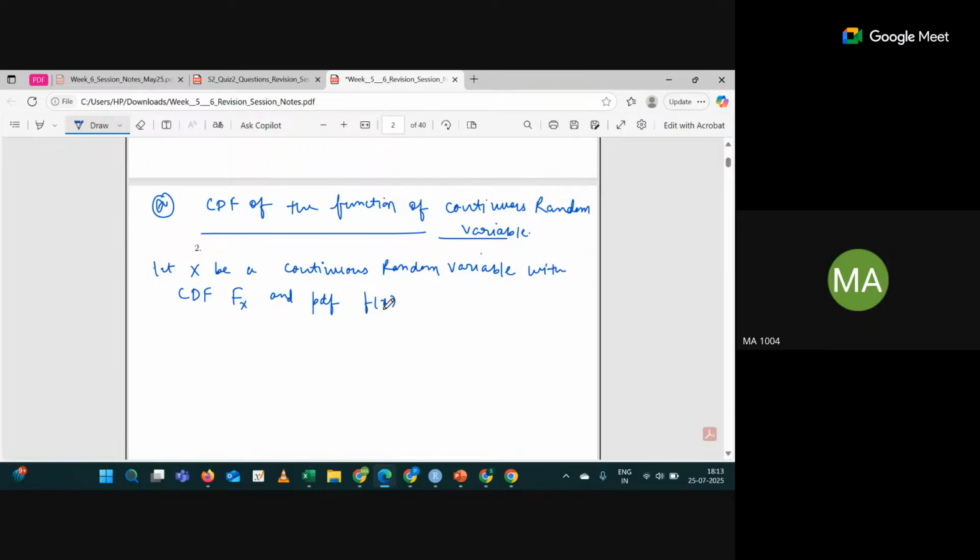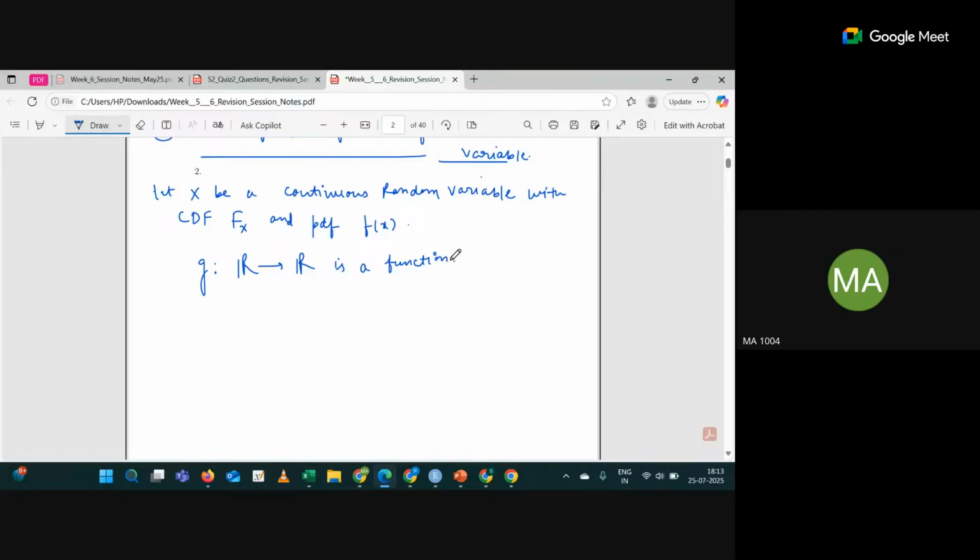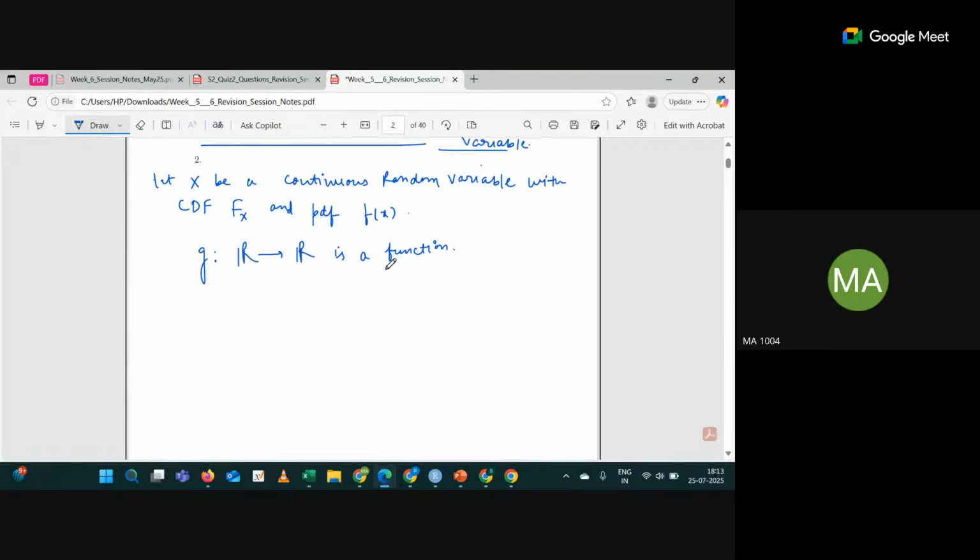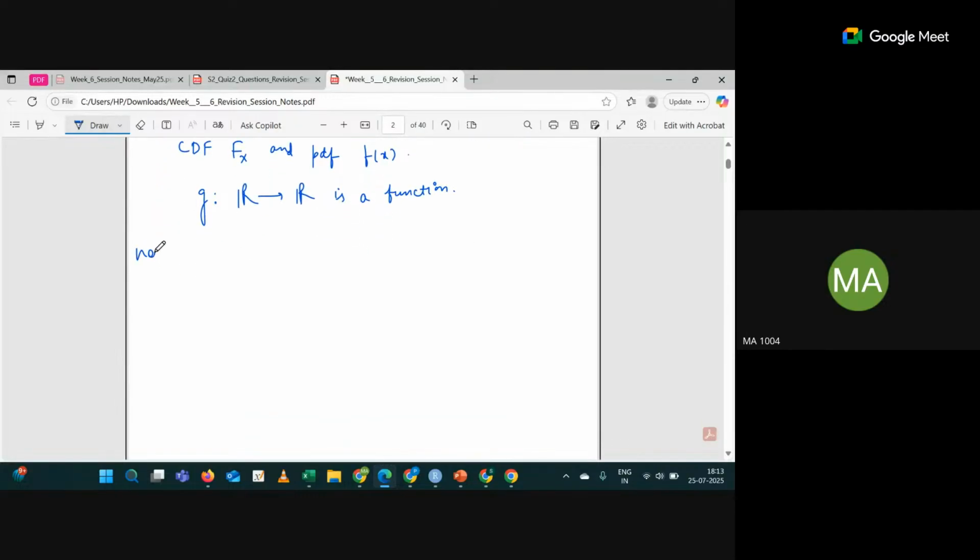There is a function g from R to R. This can be any function: x squared, 3x squared, x cubed, anything. So how do we start with this? Suppose Y equals g of X.